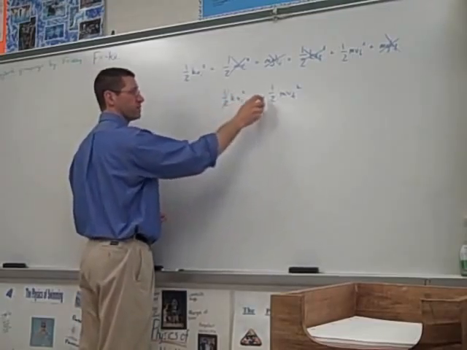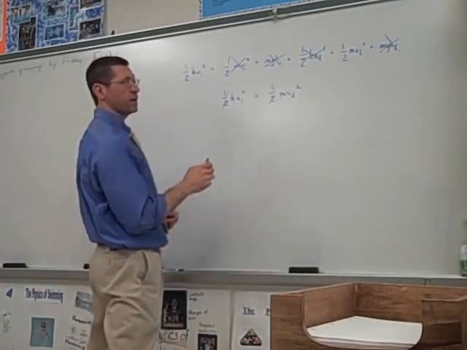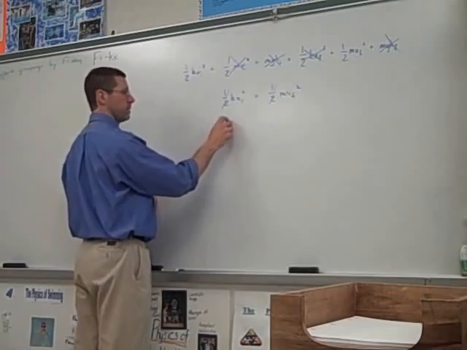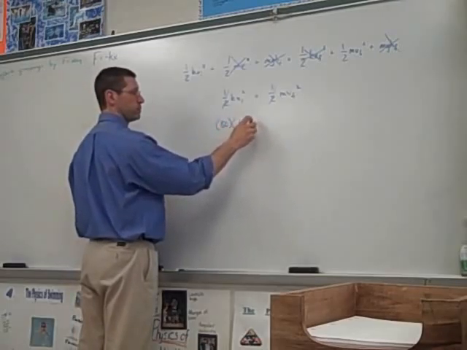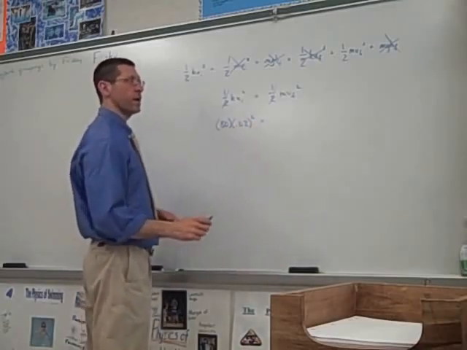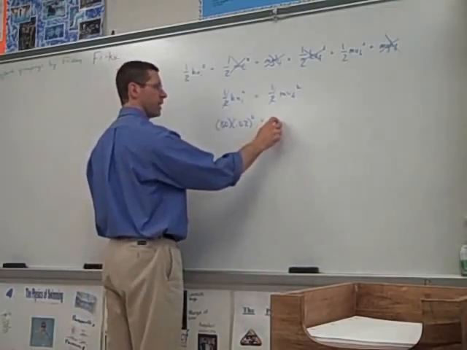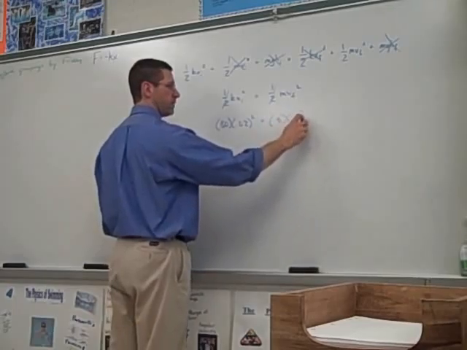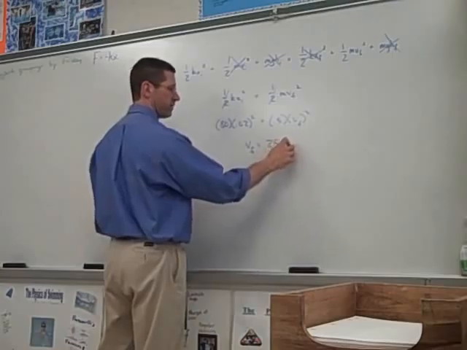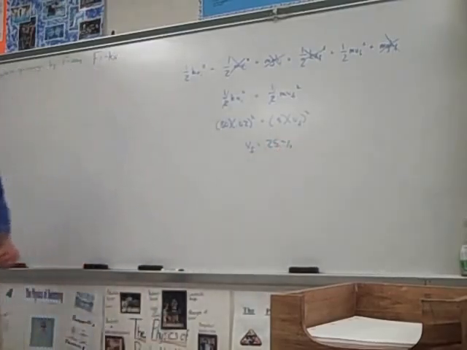So the halves cancel. So it's just k is 80, and it's compressed 2 centimeters, so that's 0.02 meters, equals the mass 0.5 times vf squared, so vf is 0.25 meters per second.